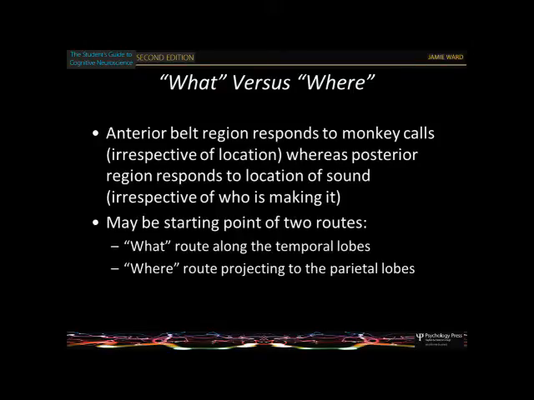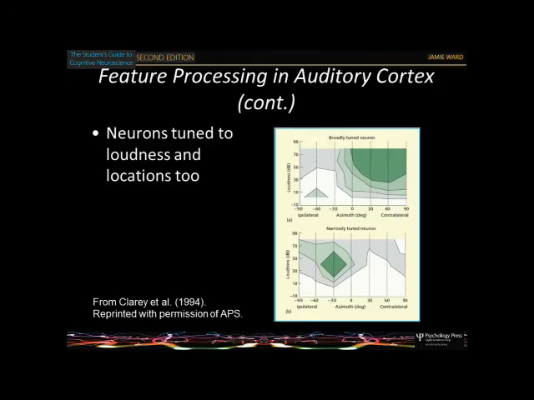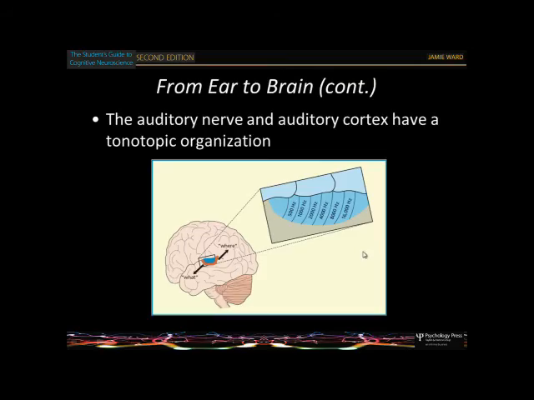So again, outside of the core, you also have more of a differentiation between what and where. Here, these are tuned a lot to where. If we go back to here, this region in red is your belt and parabelt, these more complex sounds.